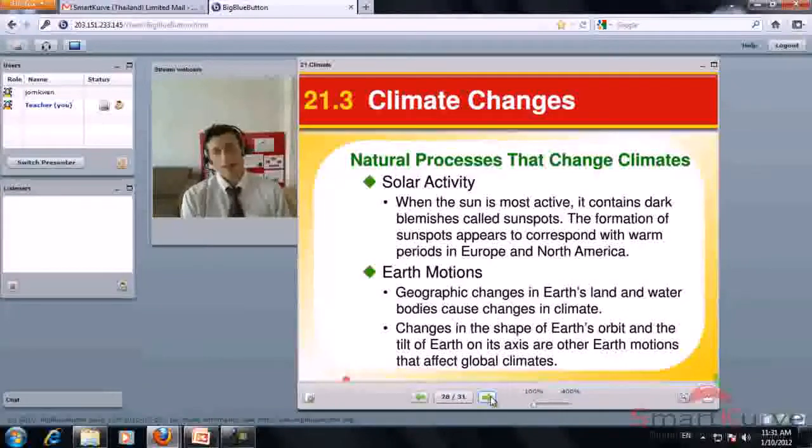Other processes. Solar activity. When the sun is most active, it contains dark blemishes called sunspots. Without going too much into that, it's caused by the rotation of the sun's magnetosphere.